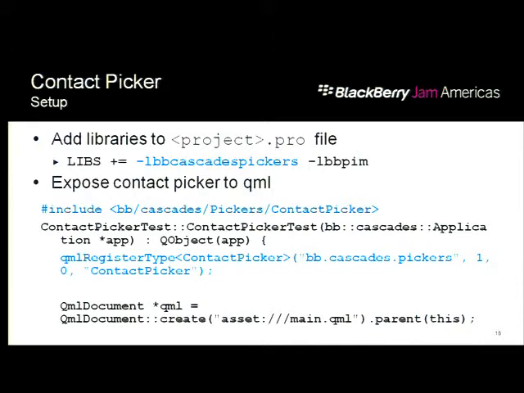Then before the QML document gets created, basically as the first line inside the constructor for your application, you call qmlRegisterType, put in the contact picker type, and then the way the library is referred to in QML. In this case, it'll be bb.cascades.pickers, version 1.0, and it's going to be called ContactPicker.